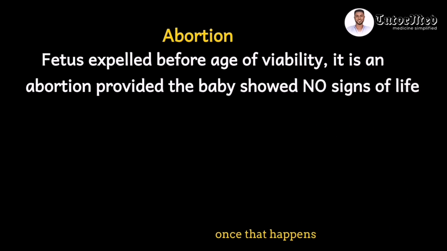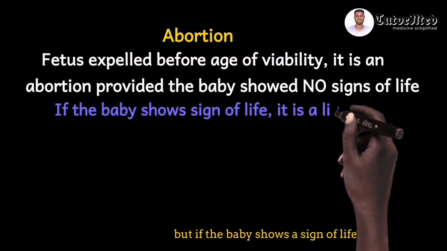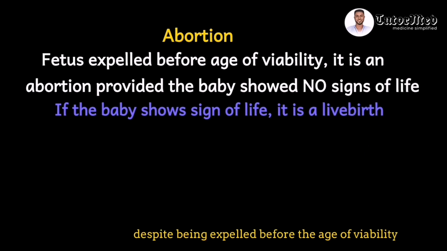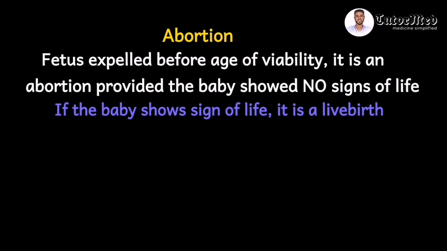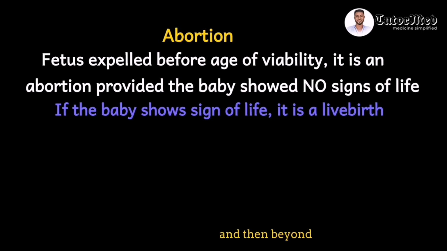Once that happens, we say that the baby is an abortus. But if the baby shows a sign of life despite being expelled before the age of viability, it is a live birth and so should be considered parity. And so this is where the confusion is. Parity by definition should be a baby who has been carried to the gestational age of viability and then beyond.